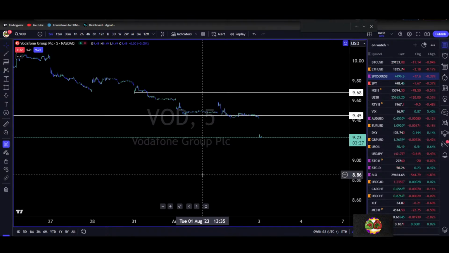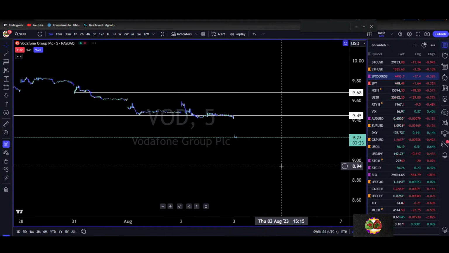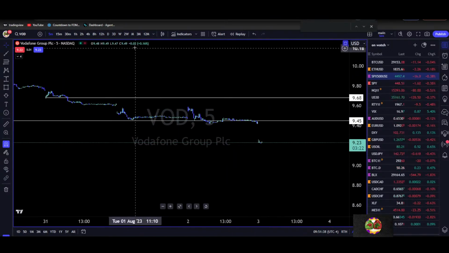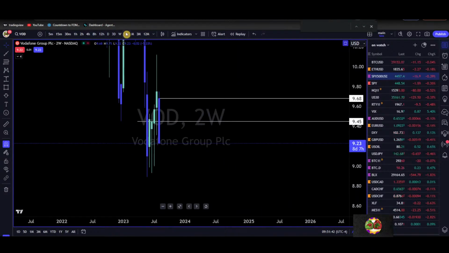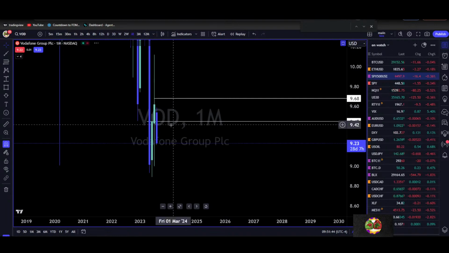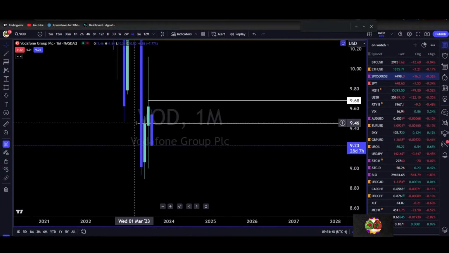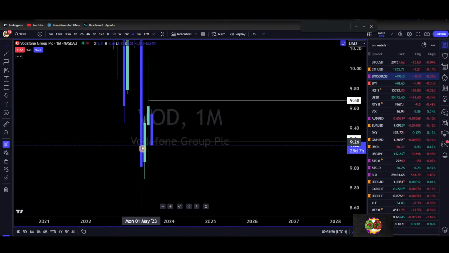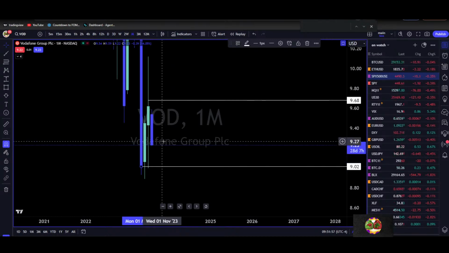But ultimately, the algorithm is saying AT&T will be higher than $10 by expiration. VOD might be finding support here. There's no 2-week support. This candle's only 3 days old. It's a monthly. You got monthly support all the way down here. So there is a probability that this thing goes down to $9.02.